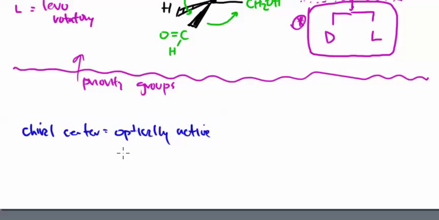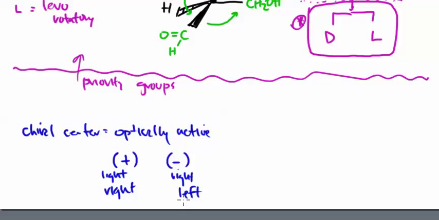And there were two ways that we described optically active molecules. One had a positive and one had a negative. Positive meant that the light went right-handed, and negative meant that the light from the polarimeter went left-handed.